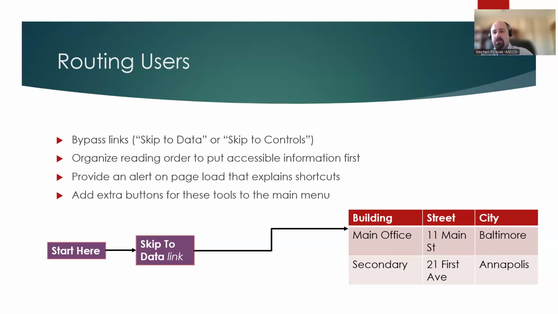So in the example on screen, we have a start here. We've just loaded in our map and our portal. And the first thing I find when I press tab is the skip to data link. If I press that, it takes me to the bottom of the page where there's the button to open the table. The table will open, and I'm inside the table and I can move around that table, reading all that information if I'm looking for our office locations.